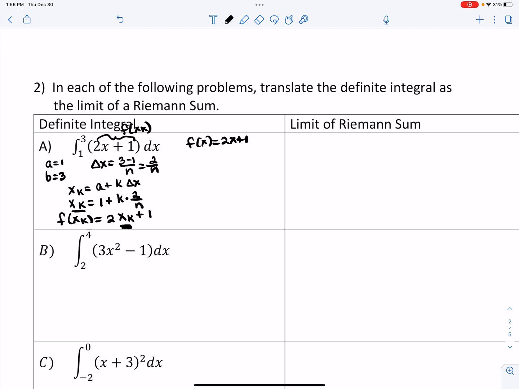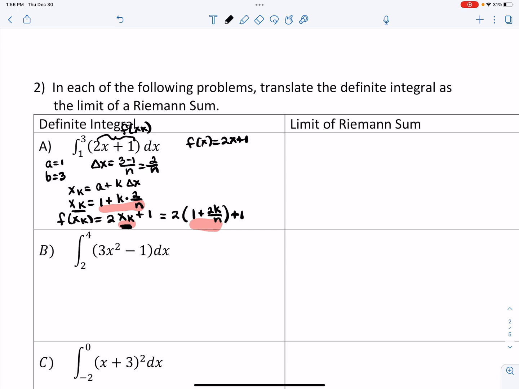So when we substitute what x sub k is, we get 2 times 1 plus 2k over n, plus 1. So what we're doing here is substituting this expression in here. And that would give us the f of x sub k for the Riemann sum.